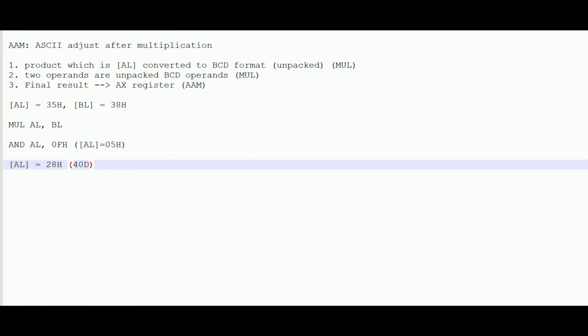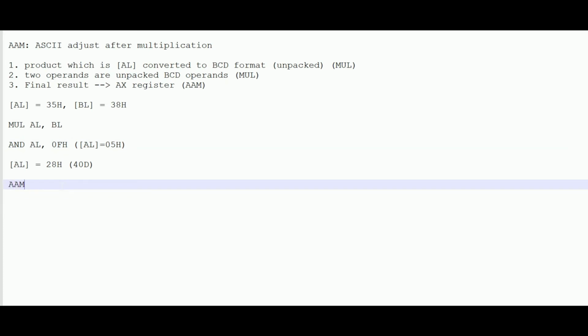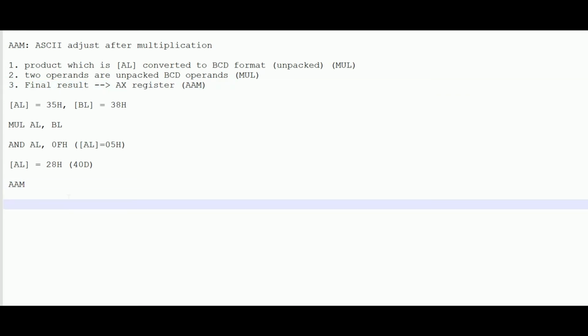So AL basically contains 28H. After this MUL instruction, we will be executing your AAM instruction. So what happens when your AAM instruction is executed? This AAM instruction will provide the final result in unpacked BCD format in the AX register. So it will convert this 28 into decimal.